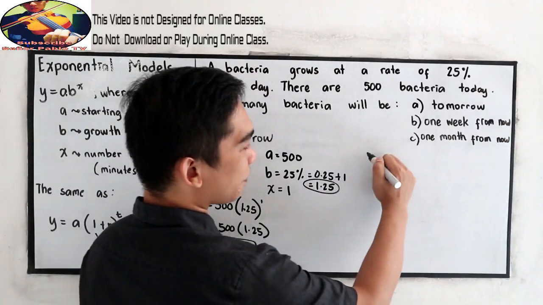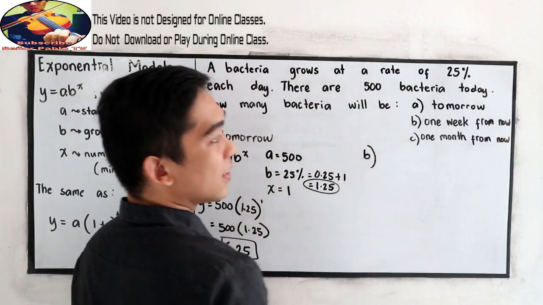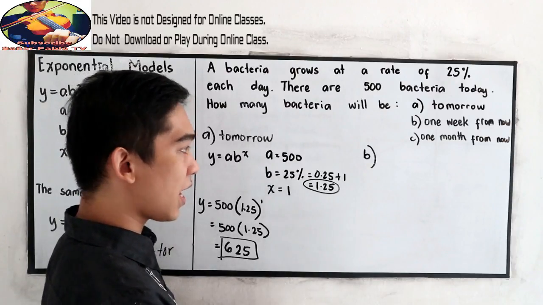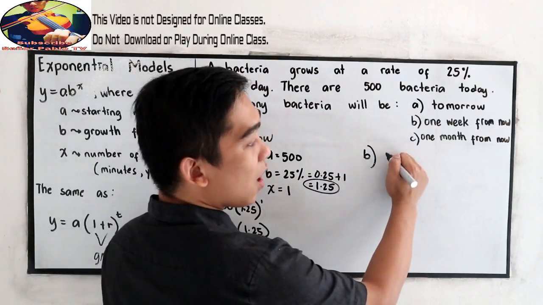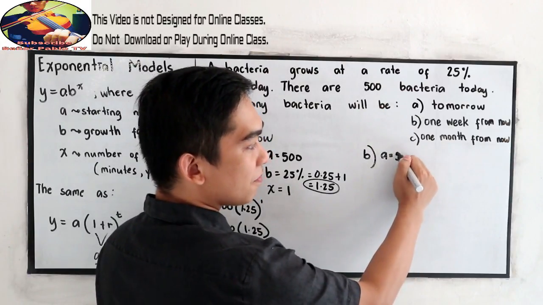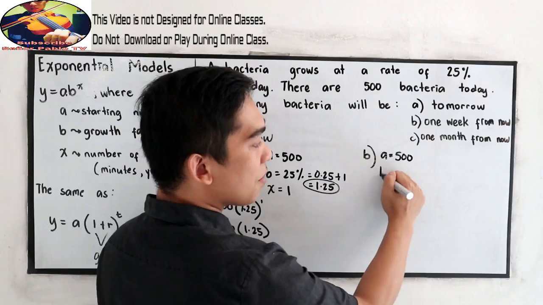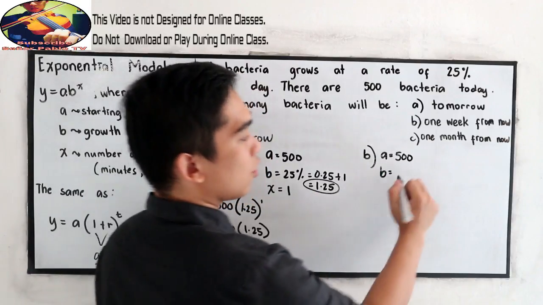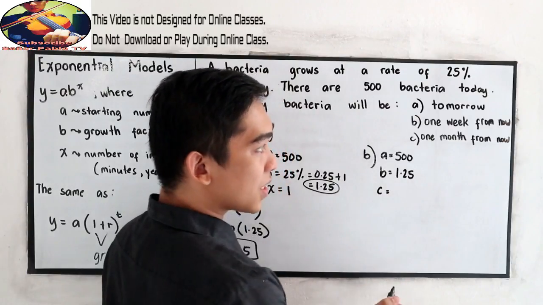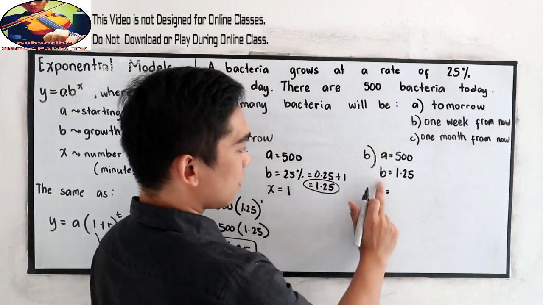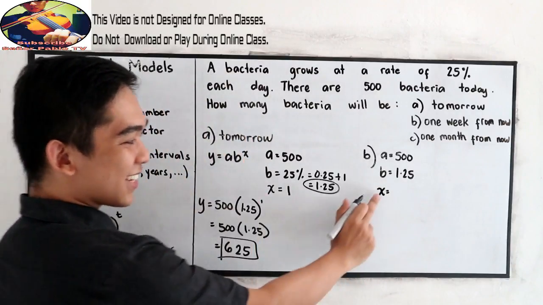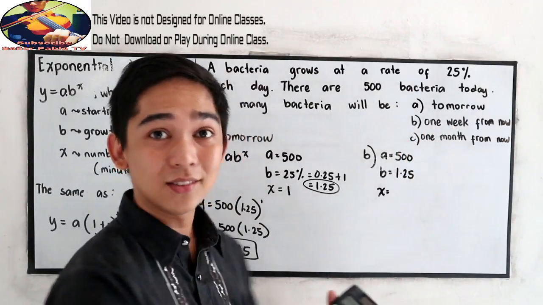Letter B. So 1 week from now. Identify A, B, and X. Our A starting is 500. Our B, same, 1.25. And our X is 1 week from now.